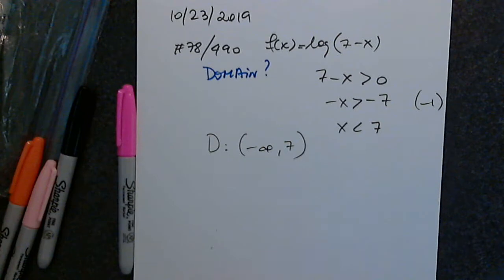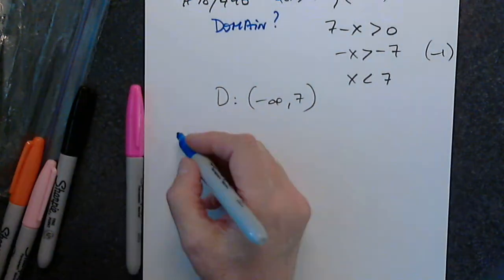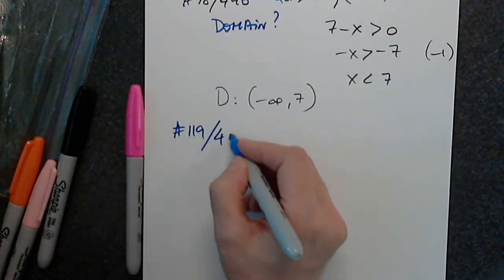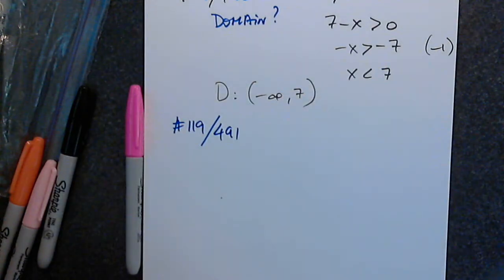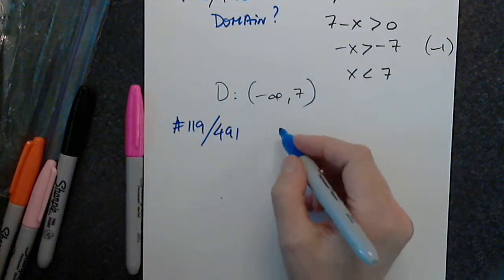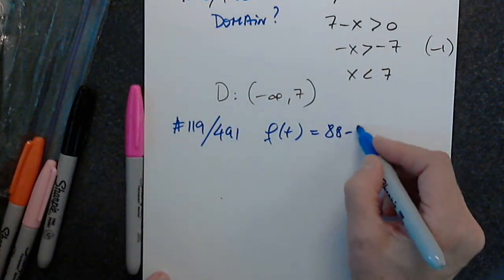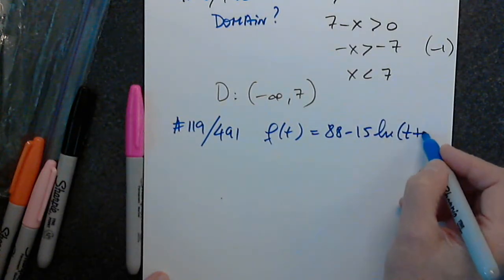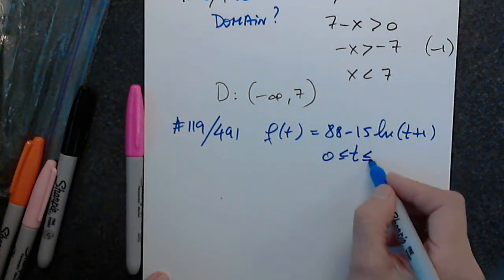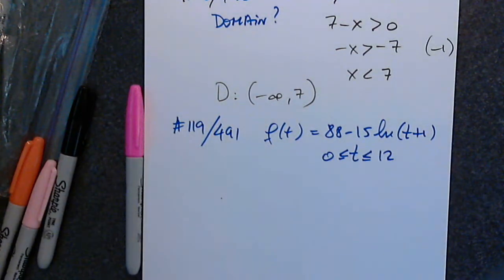Okay, I would like us to look at a word problem. Page 491. We're given a function f of t, which is 88 minus 15 natural log t plus 1, where t is a number between 0 and 12. Let's read the problem. Students in a psychology class took a final examination as part of an experiment to see how much of the course content they remembered over time.